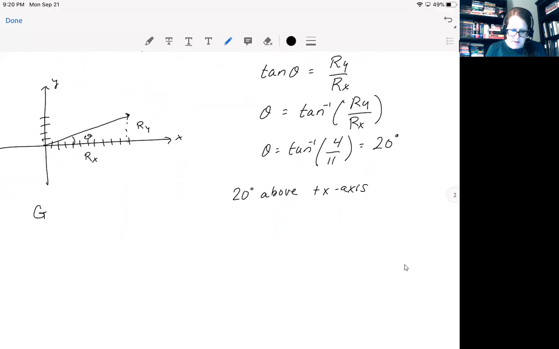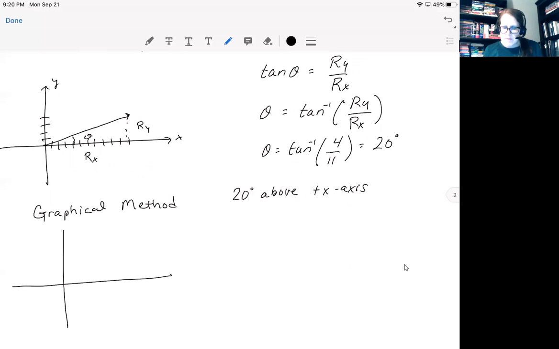So if we're looking at a graphical way of looking at this, we would have to look at what was vector A and what was vector B. All right, so vector A was 5 in the i hat and 6 in the j hat. So vector A was something like this.